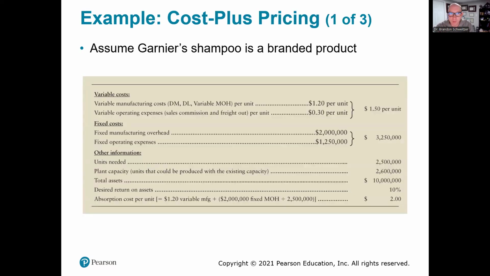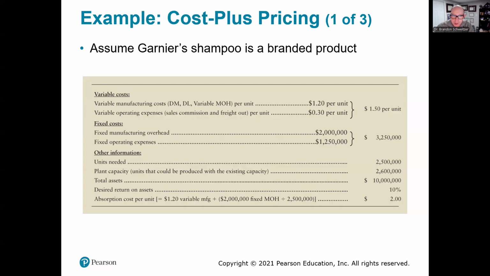Here we have some information. We have our variable costs and fixed costs. This is Garnier's shampoo brand. As you know, I believe this is a product that is made by Procter and Gamble, if I'm not mistaken. So we have our variable costs and our fixed costs, which in turn will give us our total cost.